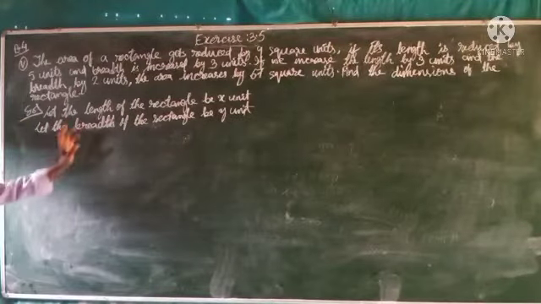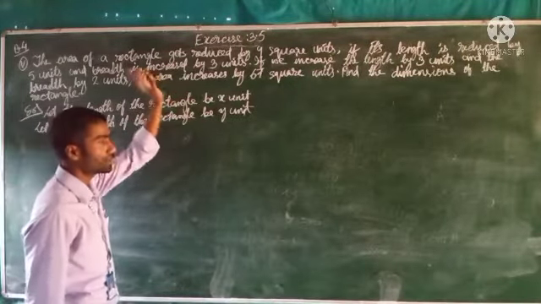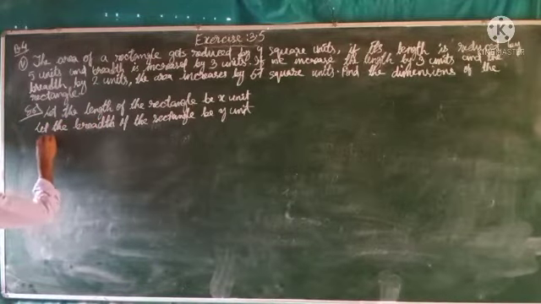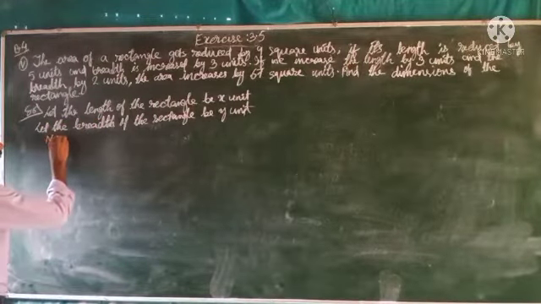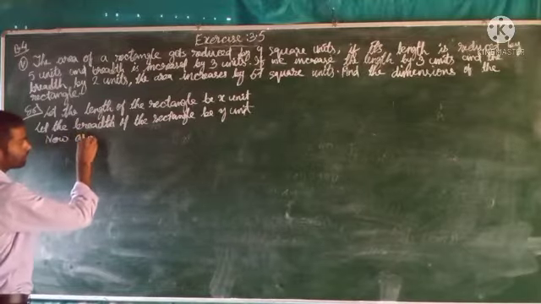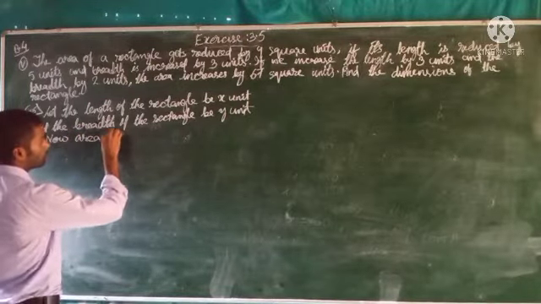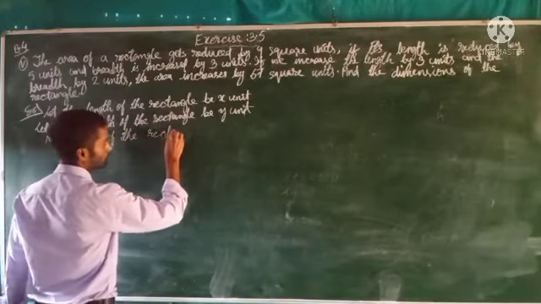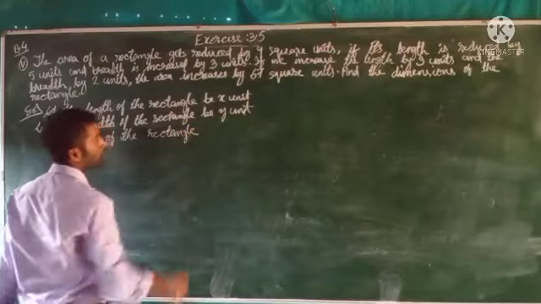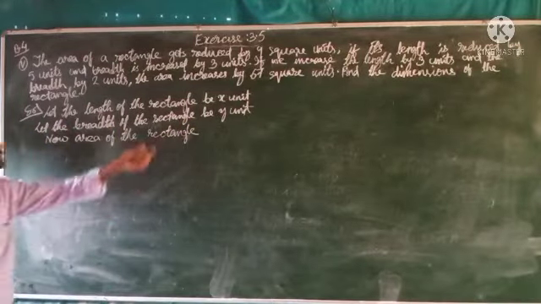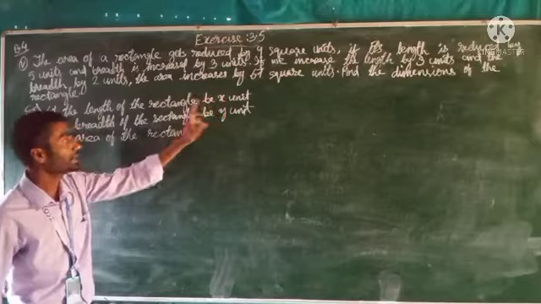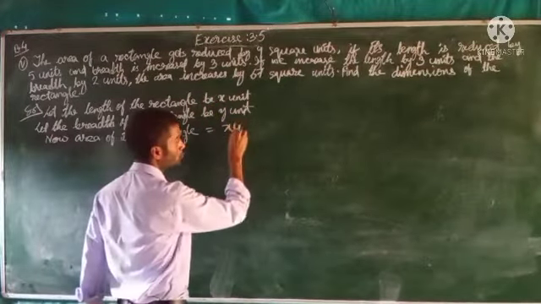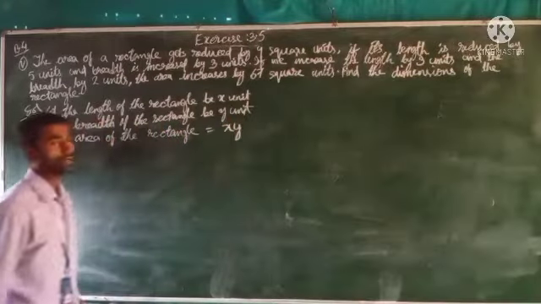Now when we are saying about area, what is the area of a rectangle? That is length into breadth. Now the area of the rectangle whose length is x and whose breadth is y, then area will be equal to x into y, that is length into breadth.